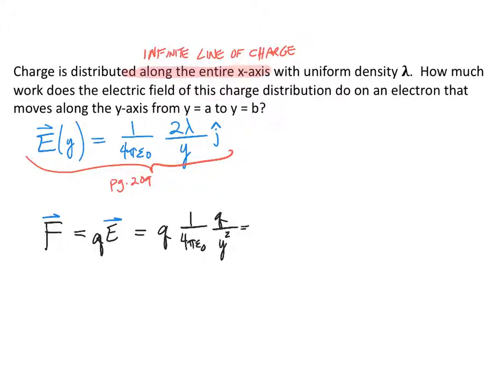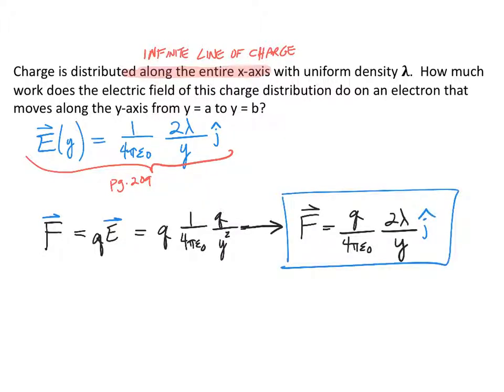And what we end up getting is that the force, when we resolve all of these things, we'll have a Q over 4 pi epsilon naught times 2 times the linear charge density per y, and that'll be also in the j direction. So this is what it boils down to.